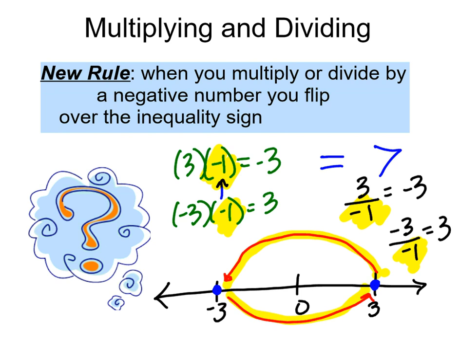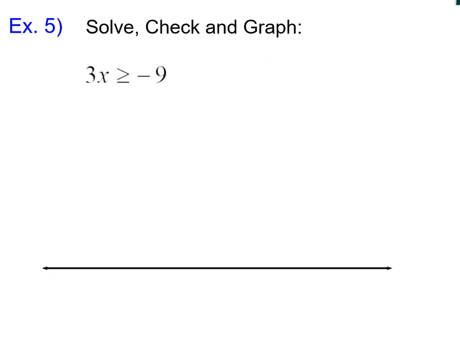And because it swings the side of the number line, we have to flip that inequality sign over. So let's take this and apply it. Let's do some quick little problems here with one steps, just so you get a feel for things. And that way, get some practice on when do I flip it, when do I not. So let's get started.